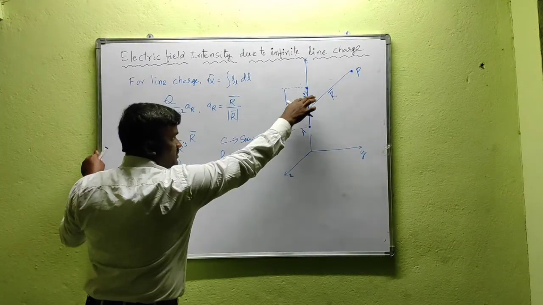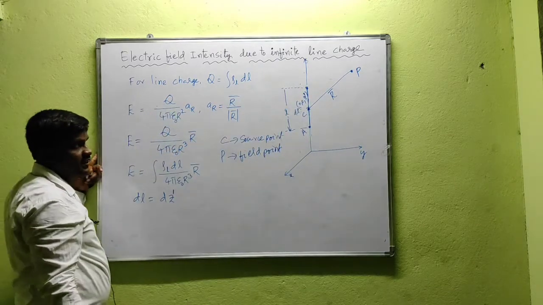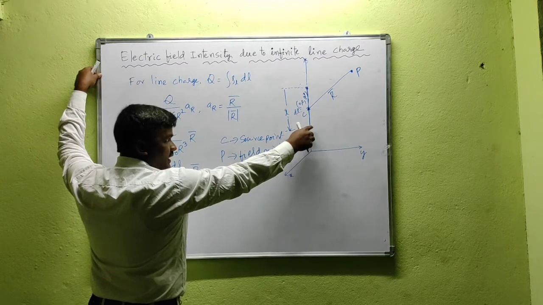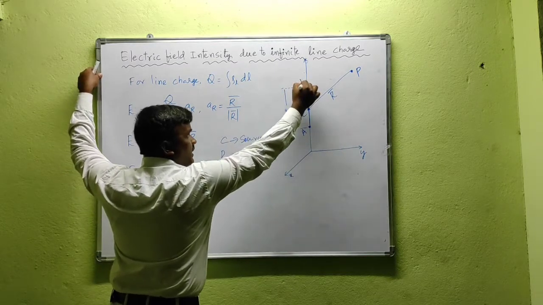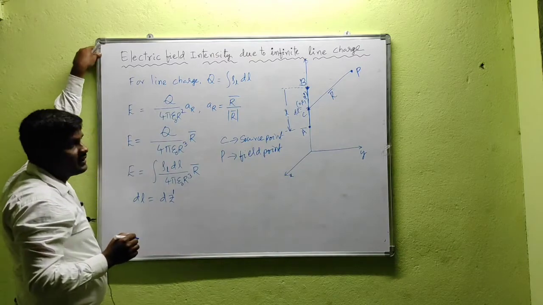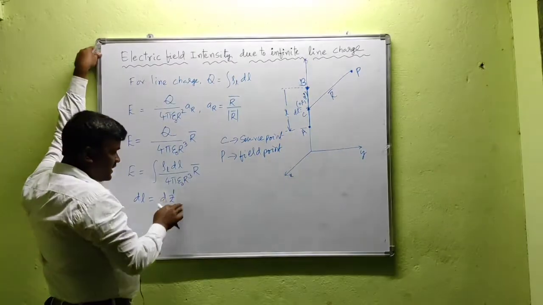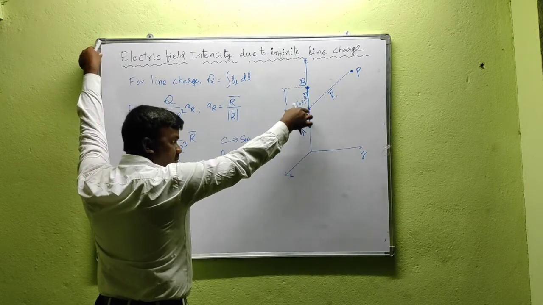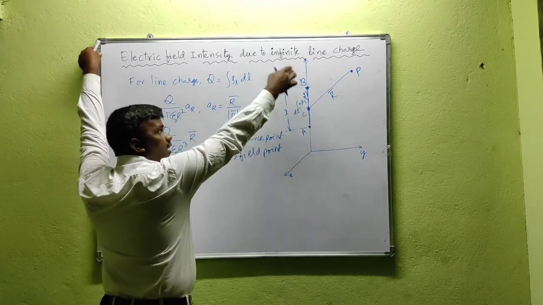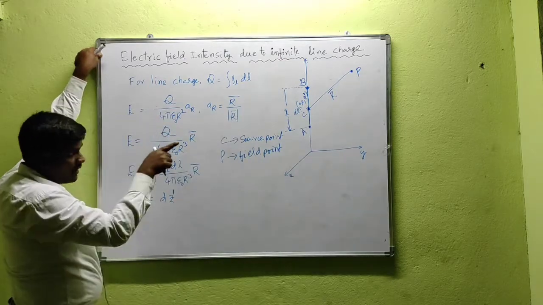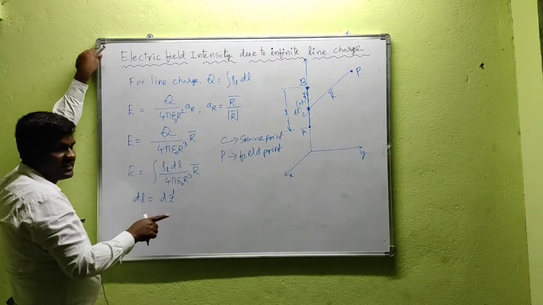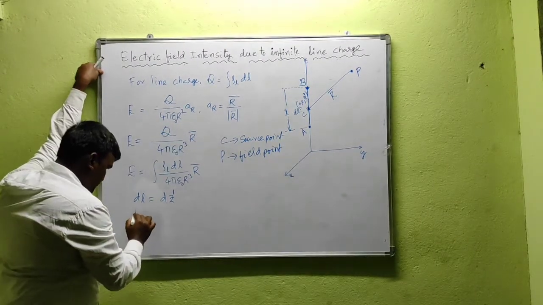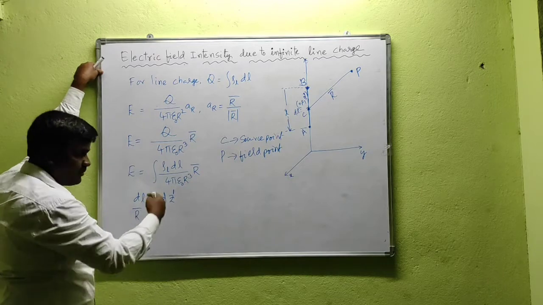This point may be shifted downward like this, the downside at point A and upside at point B. Clear? That indicates the change in this point C, which may be shifted downward up to A or up to B. So that's why dl equal to dz dash. And what about R bar? If you know R bar, we can determine this R, and from that we can determine R cube.